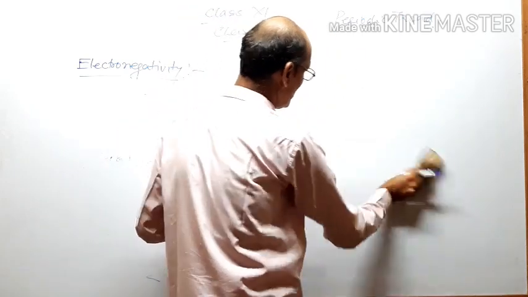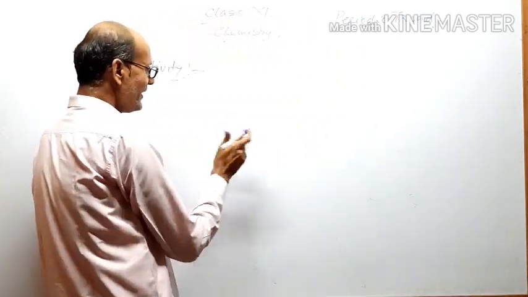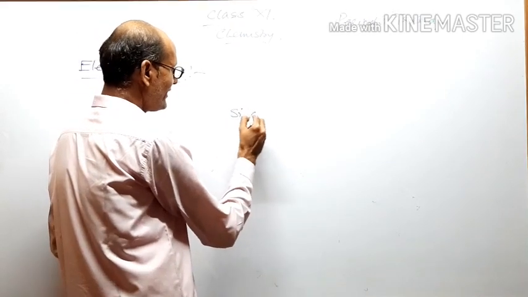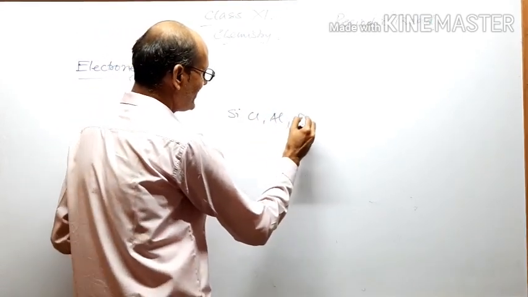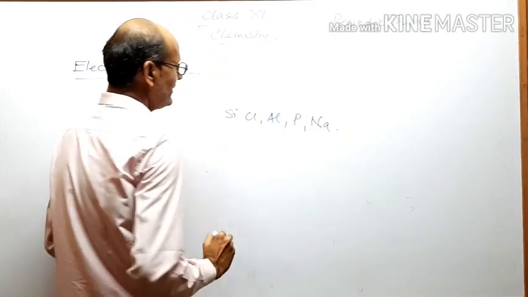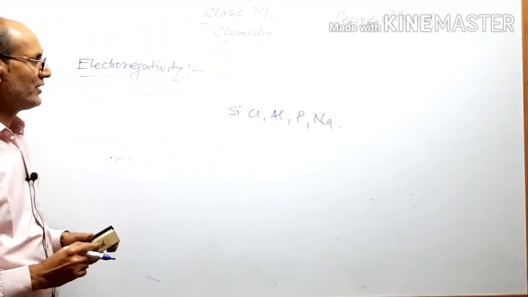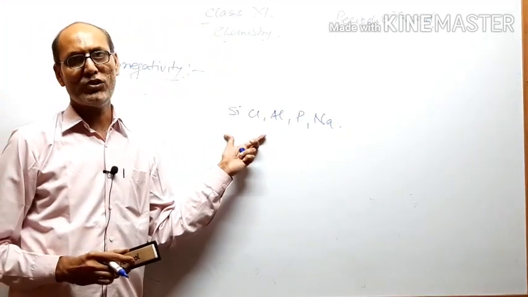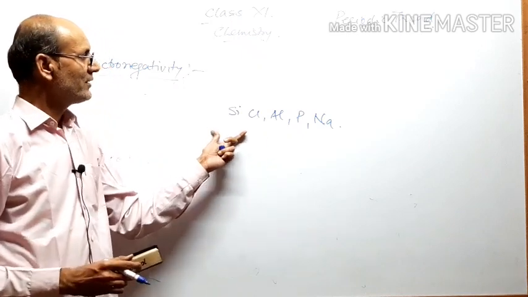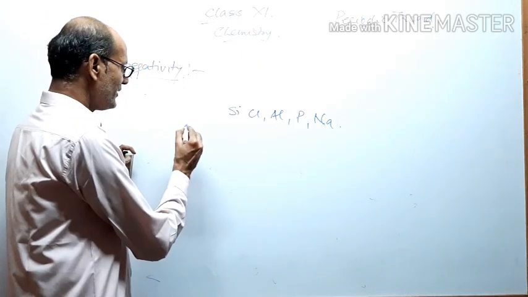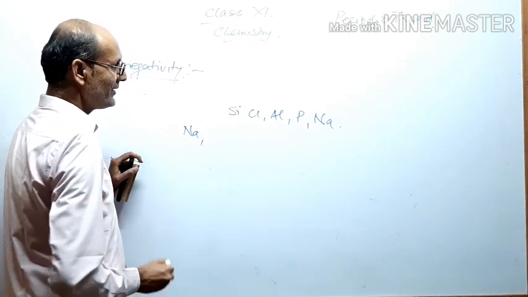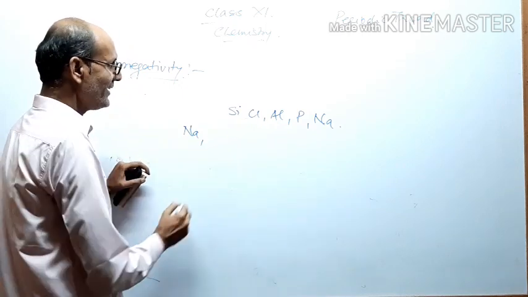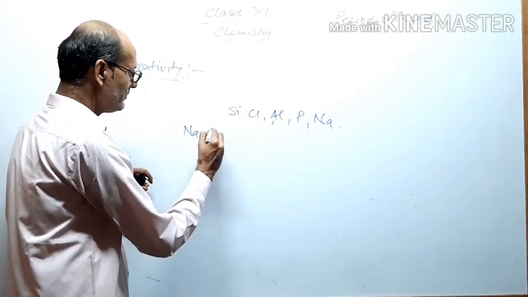If you want to arrange the elements Si, Cl, Al, P, Na in increasing order of electronegativity, you have to arrange the elements according to the periodic concept. Na is in the first group, that means Na. The second group element is not here, so third group, aluminium.